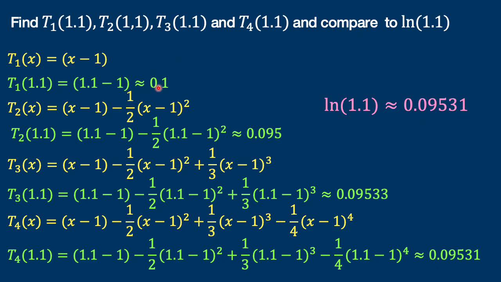See that T1 of 1.1 is 0.1, T2 is 0.095, T3 is 0.09533, T4 is 0.09531. The degree 4 Taylor polynomial is very close to ln 1.1.